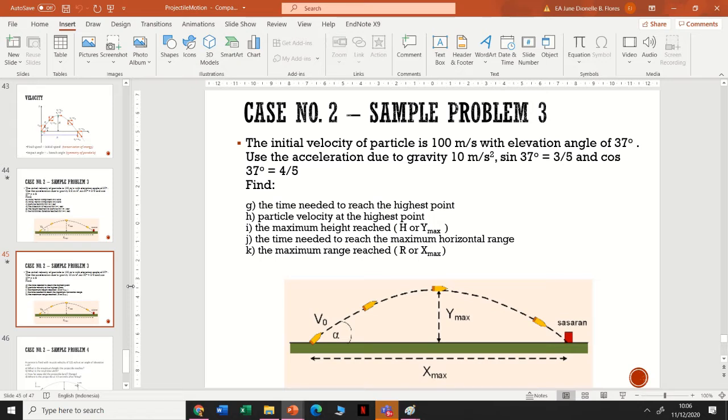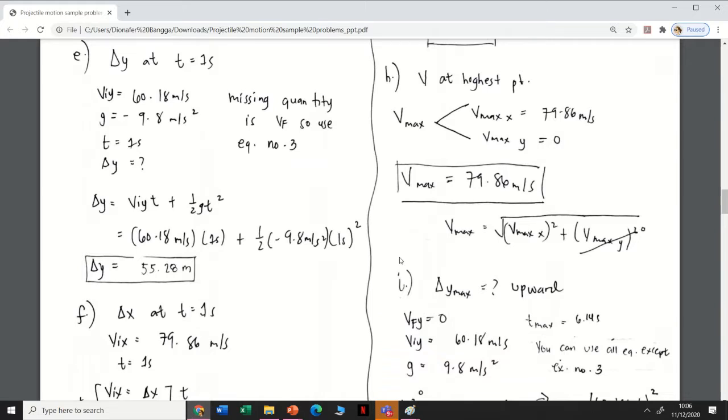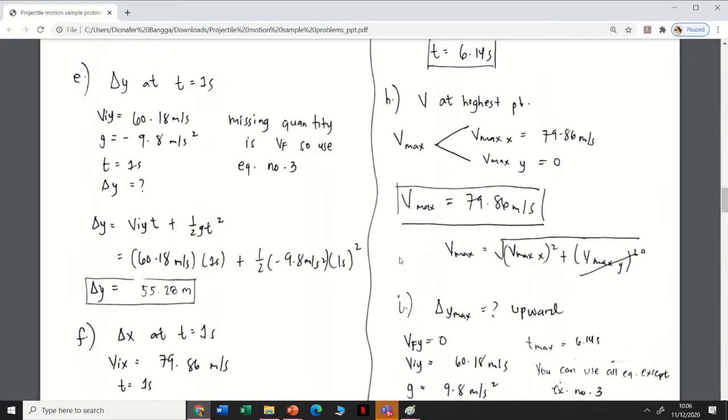So in order for us to get the particle's velocity at the highest point, we should also identify first the x and y component of our particle's velocity at the highest point. So what are those? The first thing that we can actually name is its x component at the maximum point, and that would be 79.86 meters per second.